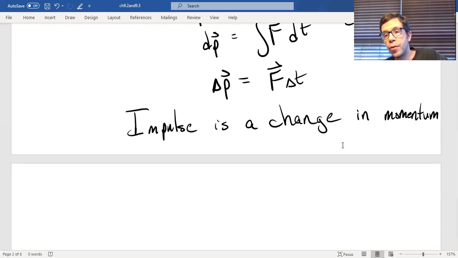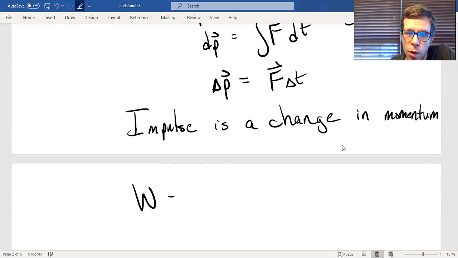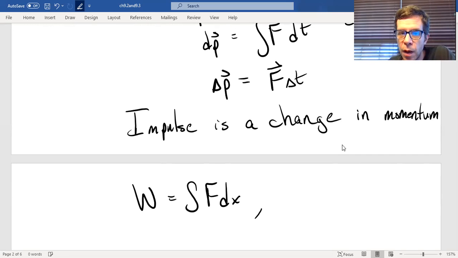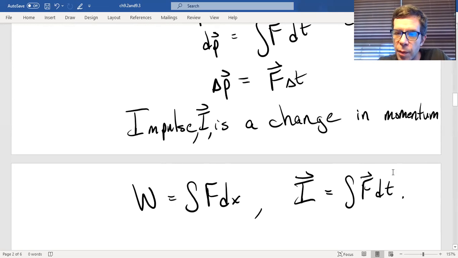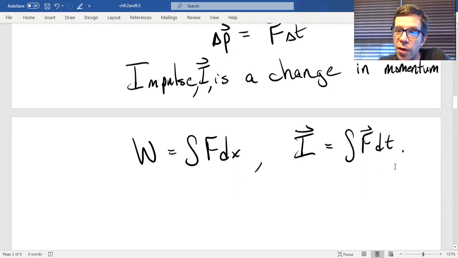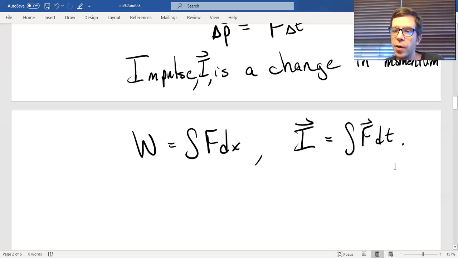So I think there's an interesting correlation here, since we just talked about energy. Remember, work was F dx, and we now have impulse, I, which is F dt. So I think there's an interesting similarity there in how these are derived, but you have a different variable that you're integrating over, right?